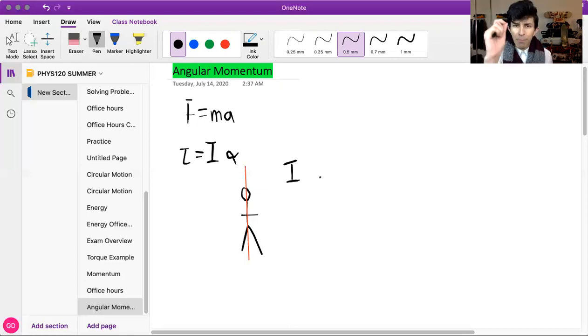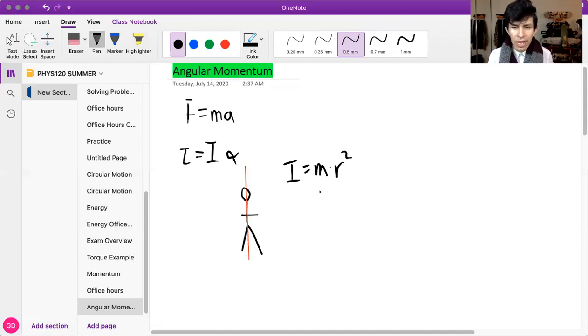Inertia for a point mass, meaning something that doesn't take a lot of space up, we can define as m, the mass of the object times its radius squared. And so this is what defines inertia.